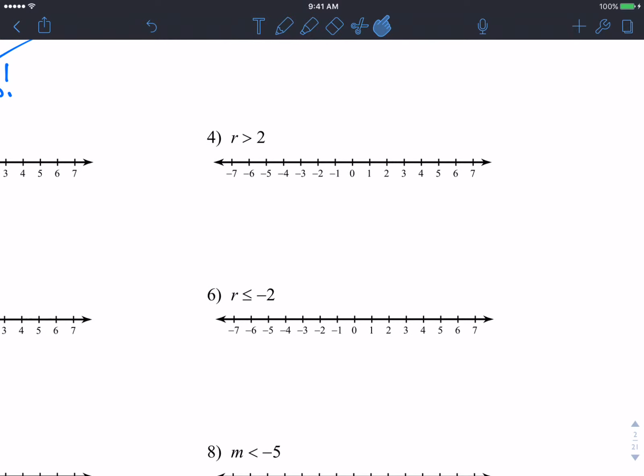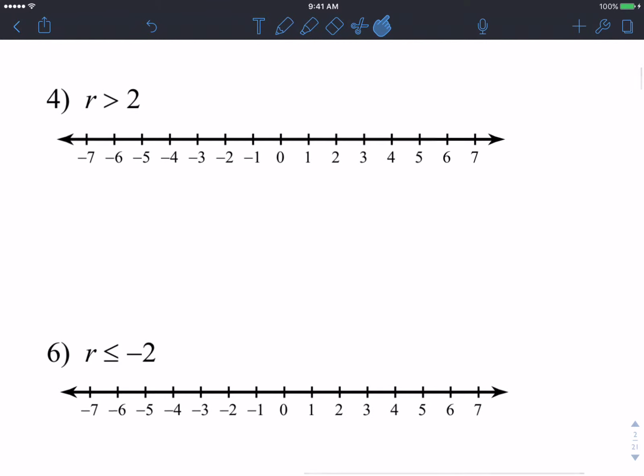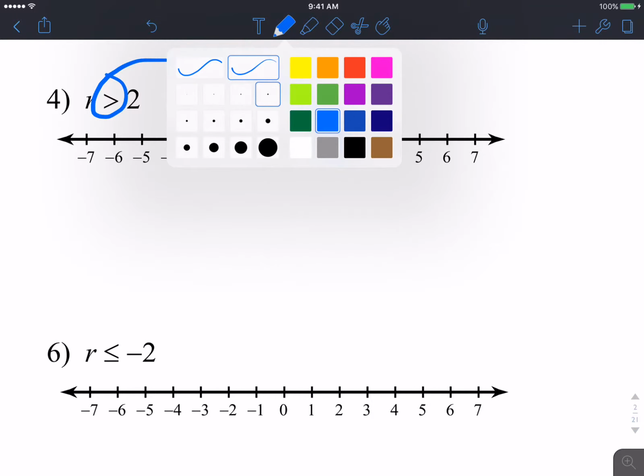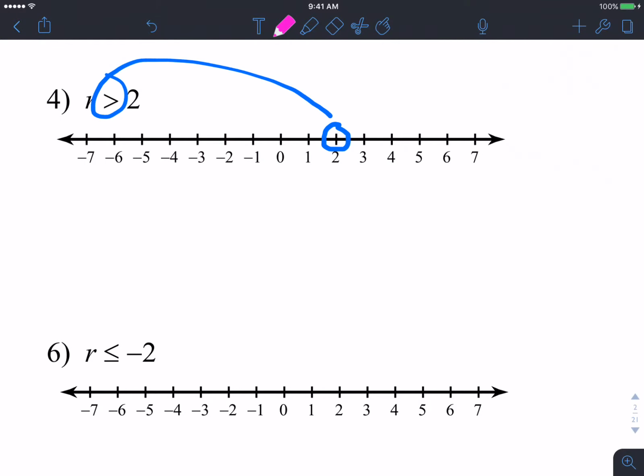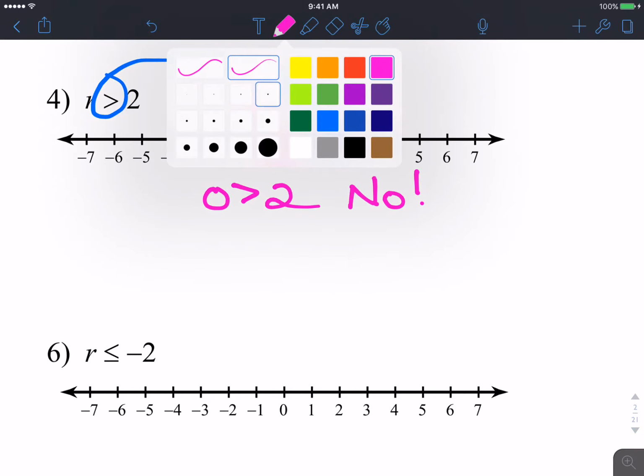Let's take a look at one more. r is greater than 2. So I'm going to find 2 on the number line. I'm going to put an open circle because I see it as just greater than. Now I'm going to test a point. I'm going to test 0 first. Is 0 larger than 2? No. So that is false.